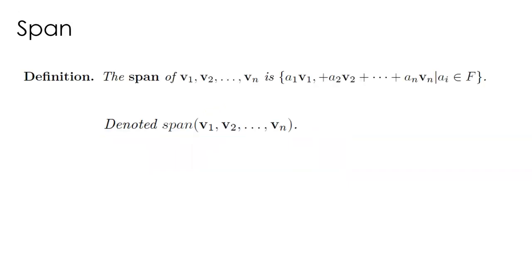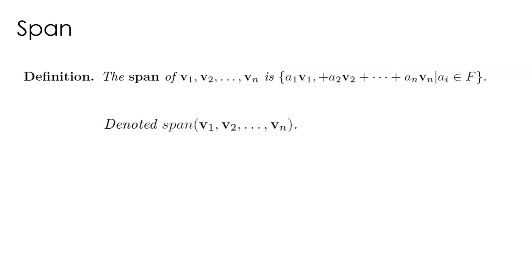The span of a bunch of vectors is everything those linear combinations of your vectors can reach. For example, if I'm in R3 and I have the vectors 1, 0, 0 and 0, 1, 0, I can get to anything in the normal XY plane, because I have 1 in the X slot and 1 in the Y slot, but I don't have anything in the Z slot.